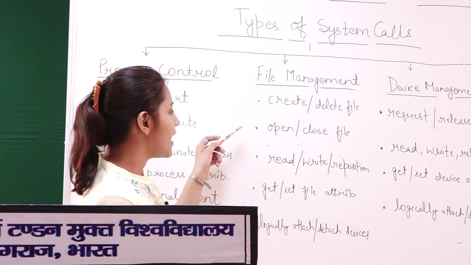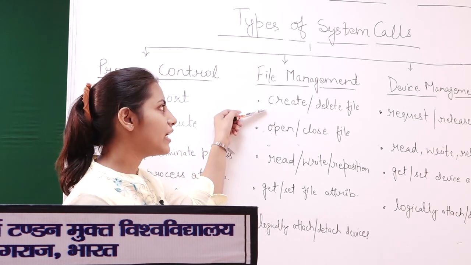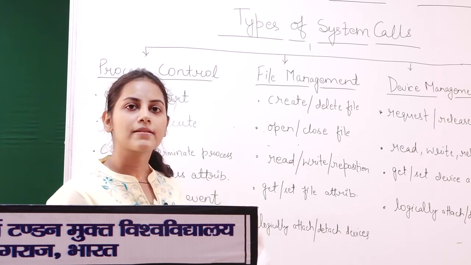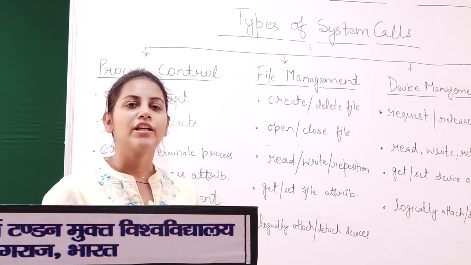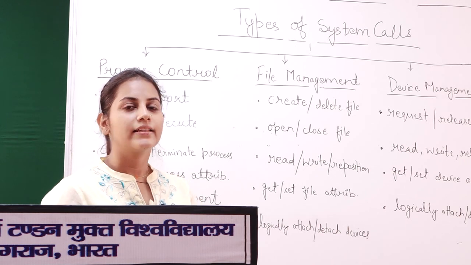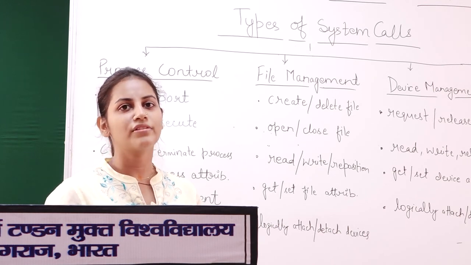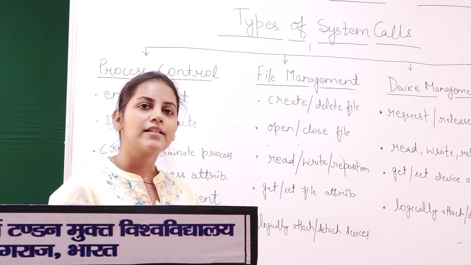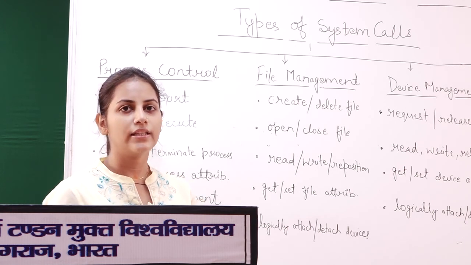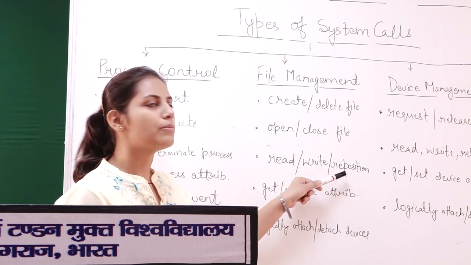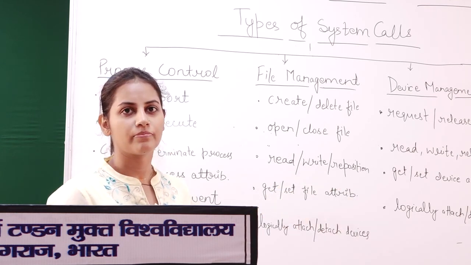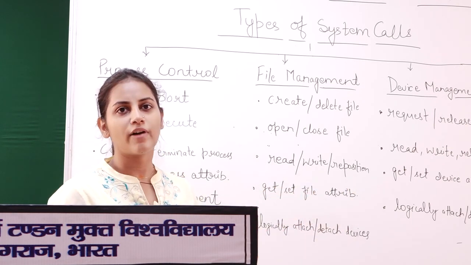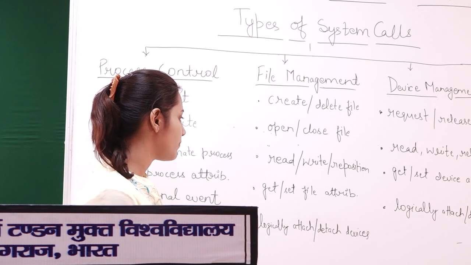These can be grouped as the system calls for creation and deletion of files, for opening and closing files, and then when you have opened a file, you might need to read the content of the file or write something into the file, or read or write at some particular point in the file, which can be done with the help of the reposition attribute. So these read, write and reposition system calls are also provided by the operating system.